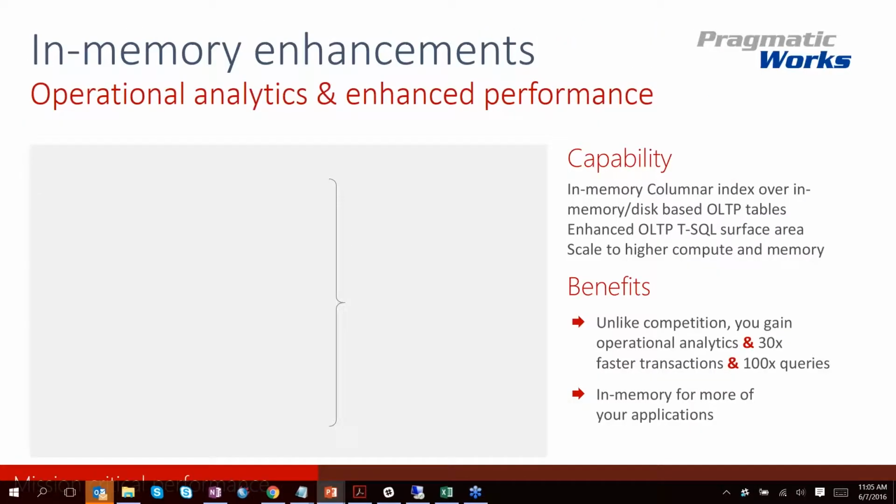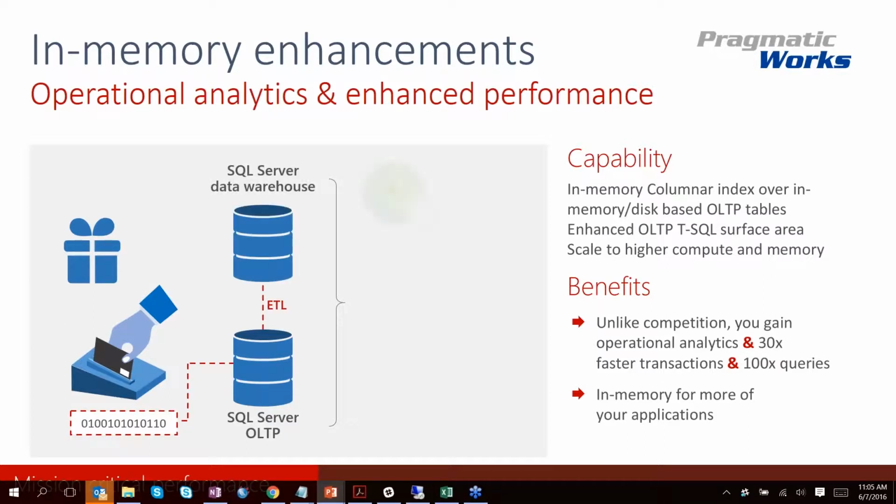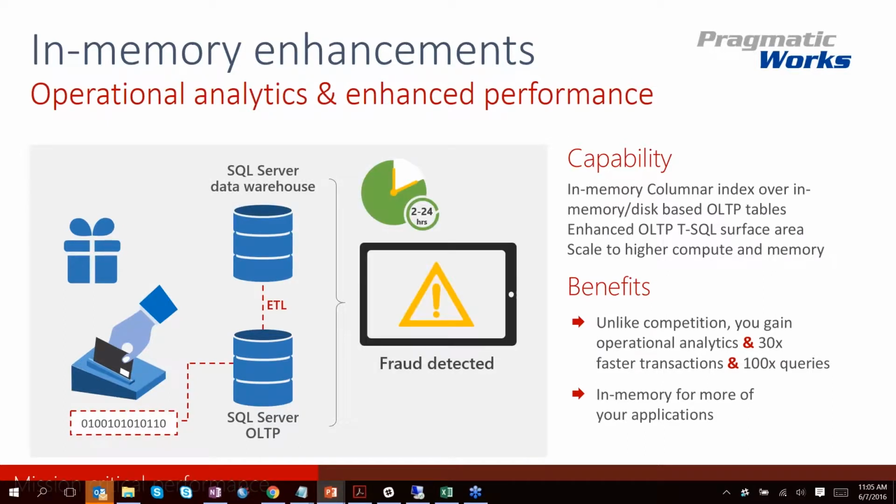One of the things I talked about was the in-memory capability. You have the columnar indexes, you have the in-memory tables, and the way it worked in the past was your reporting is only as accurate as the last time your ETL ran, right? So we see the 2 to 24 hours over here. The customer swipes their credit card, it goes into the OLTP. You have to wait for your ETL to run, and then eventually it makes its way to your data warehouse.